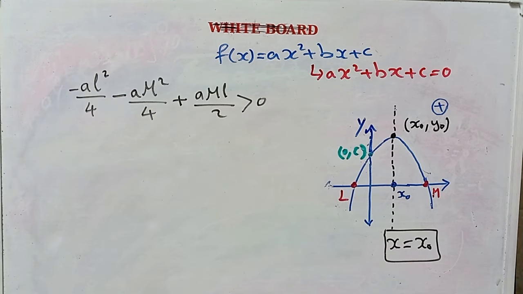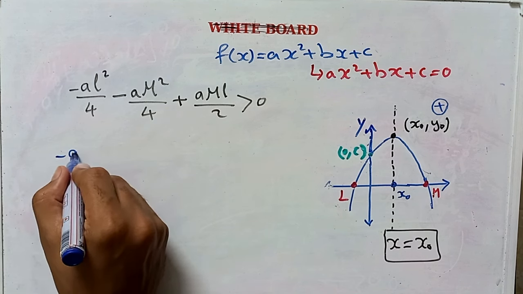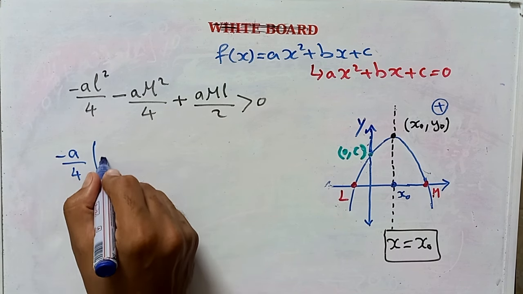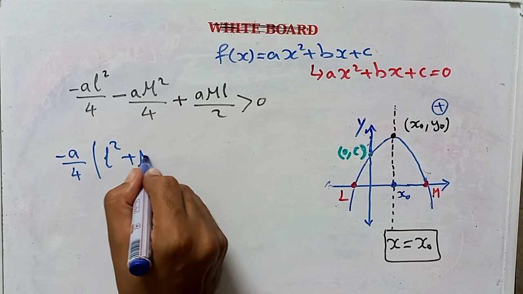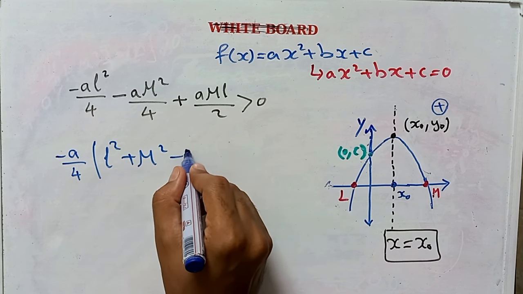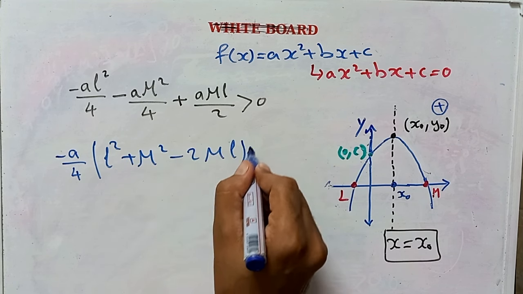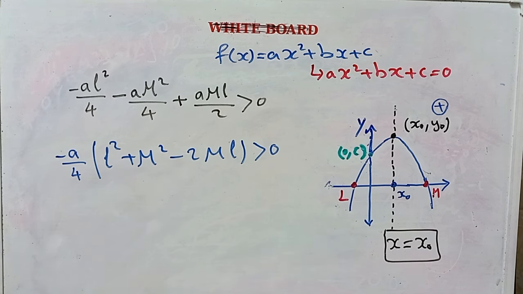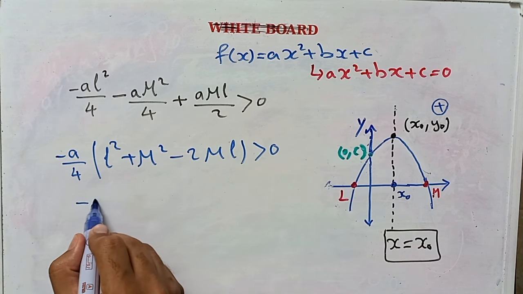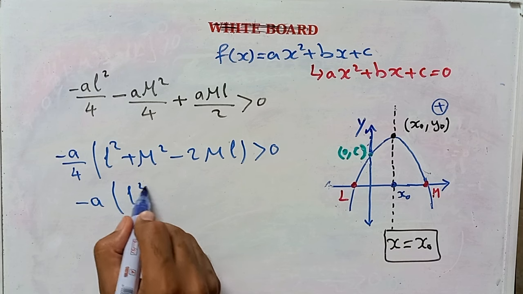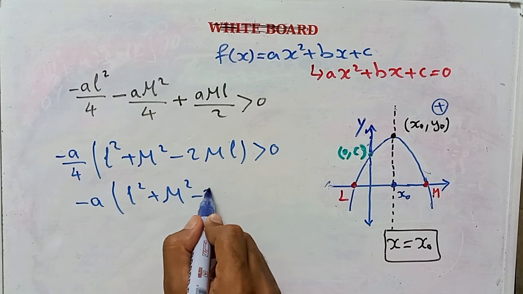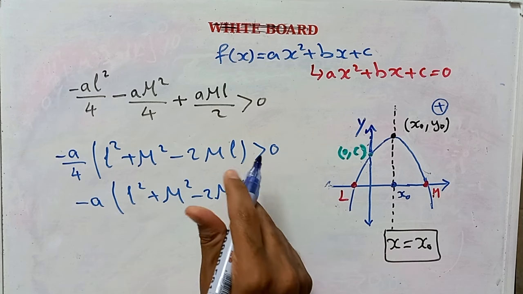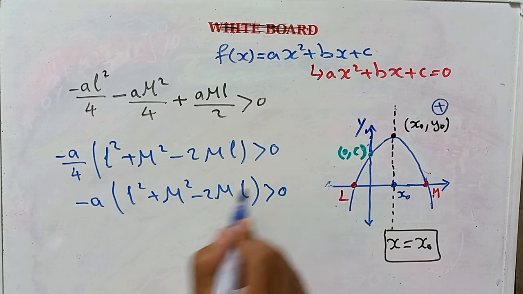So now we can take negative A over 4 as a common factor. So we have negative A over 4 times (L power 2 plus M power 2 minus 2ML) bigger than 0. Multiplying by 4, we have negative A times (L power 2 plus M power 2 minus 2ML) bigger than 0.